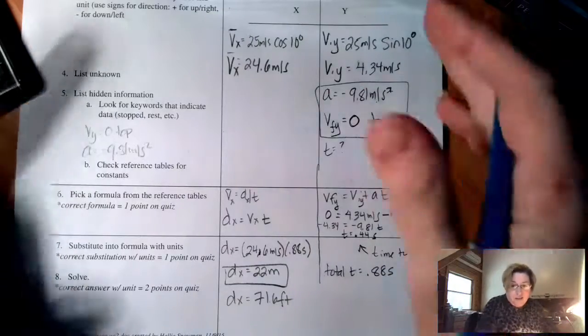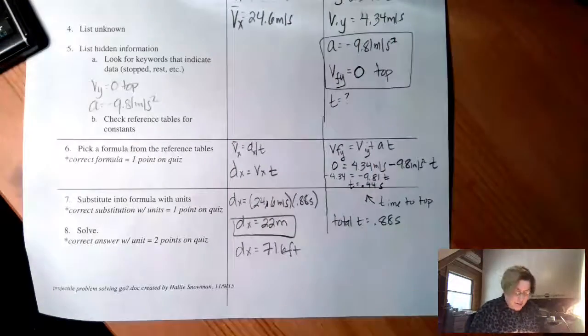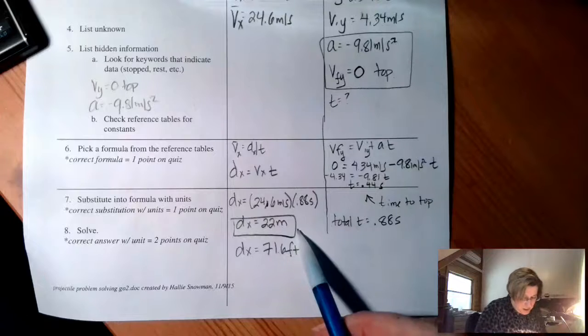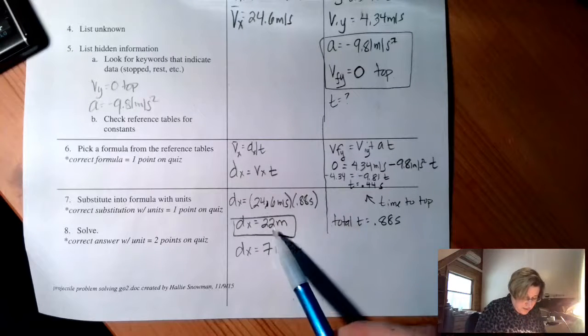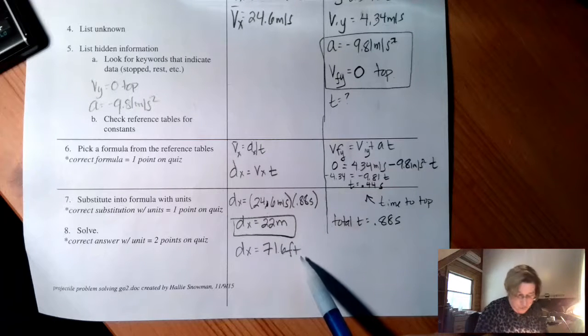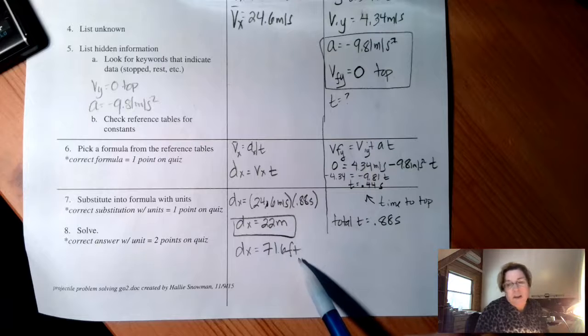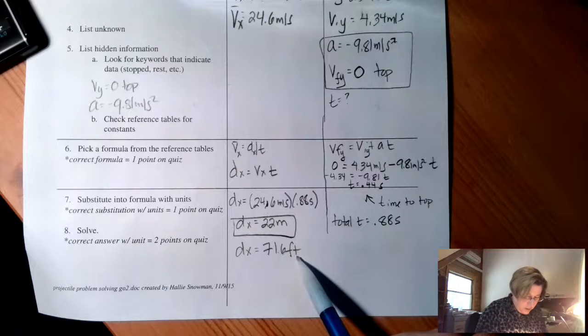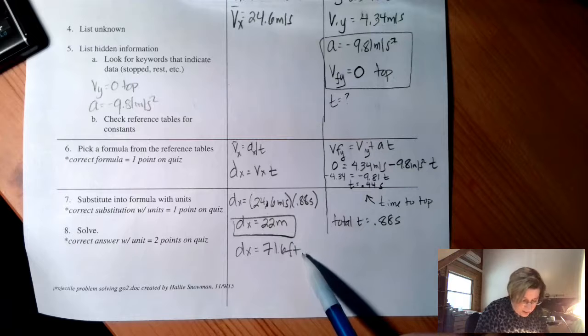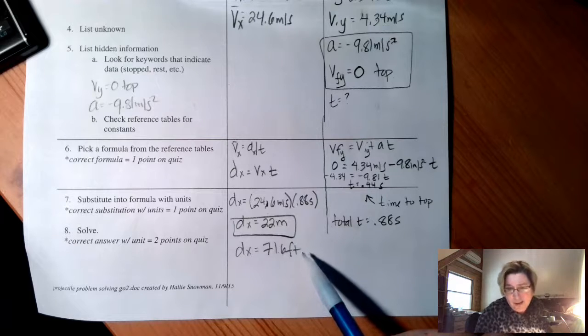Well, if the jump was less than 71 feet, yes, they did. If that number seems incredibly large to you, it's because you're thinking about cars jumping. If you thought about shooting a rocket at 60 miles an hour at an angle of 10 degrees, you would expect it to go 71 feet. That's reasonable. It's just you're thinking car, right? So I think we can safely say they made the jump.